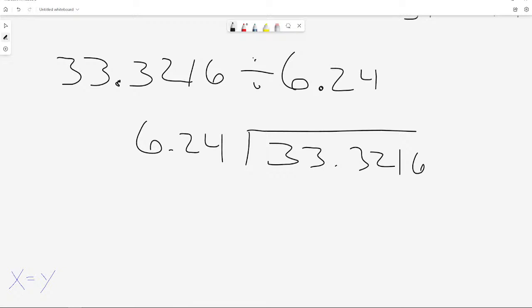What you want to do is move the decimal place to the right to make the divisor into a whole number. So 1, 2. Now, since you did it to this side, you have to do it to the dividend. So 1, 2.